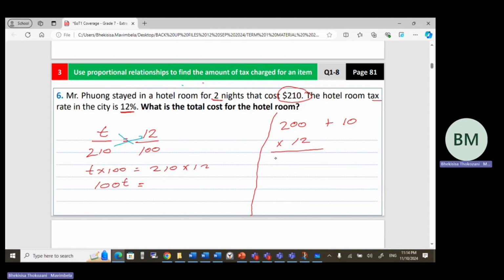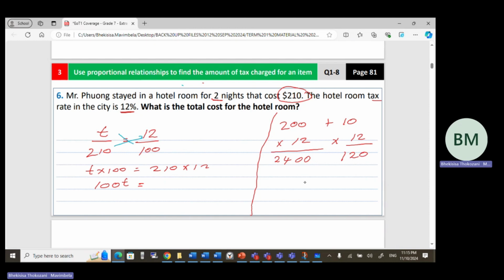So we have 24. Then you bring down those zeros again. You multiply this other one by 12 as well, right? So what is 1 times 12? It will give us 12, and then you bring in the 0 there. This is the 0 on top. Now this gives us 120.